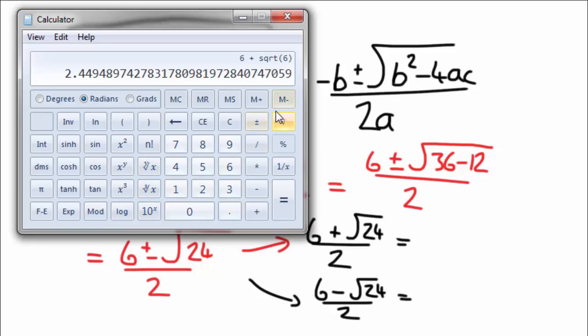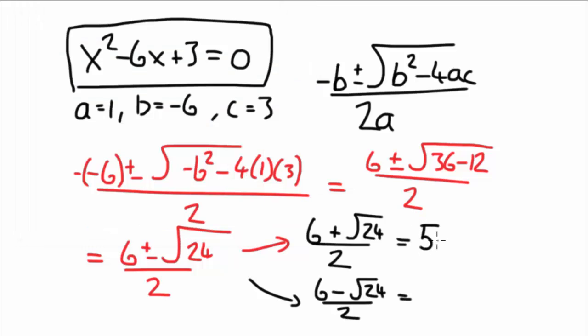I'm just going to use the calculator I've got on my desk. 6 plus the square root of 24, divide by 2, that's going to give you 5.45, and then the next one is 6 minus the square root of 24, divide by 2, that is 0.55. And that's to 2 decimal places. So that's the answer to that question.